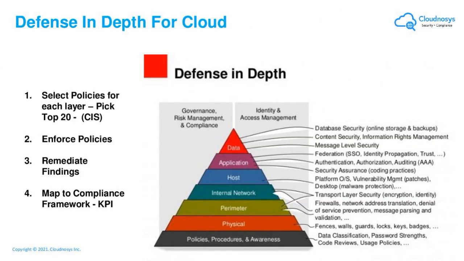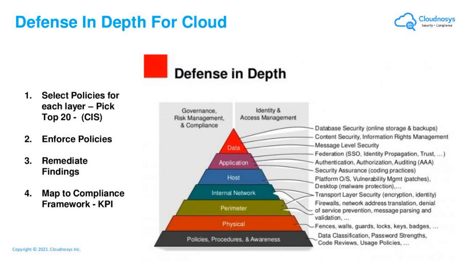So what we want to do as a next step is to pick our security controls, and ideally for each layer of security. Now, this is a very common graph that you see in Defense in Depth. We like to use the same exact thing for the cloud as well, because yes, some of it has changed, like physical perimeter and so on.